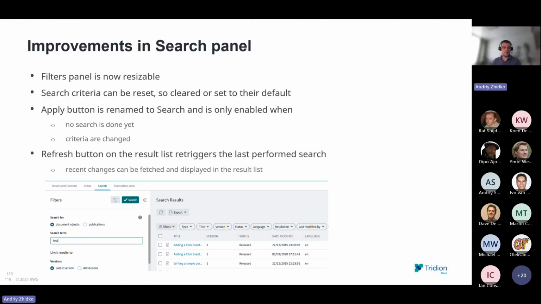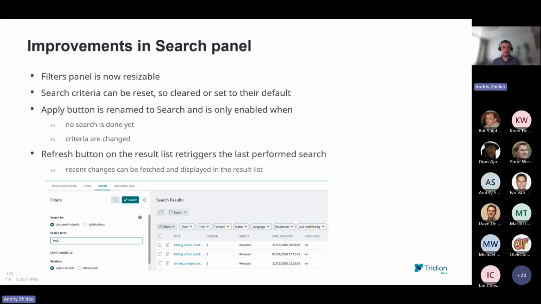There were some small improvements in the search panel. So now it is resizable. You can reset the search criteria so you can set them to the default one. The Apply button was renamed. Now it is called Search to clearly identify the action that it will do.